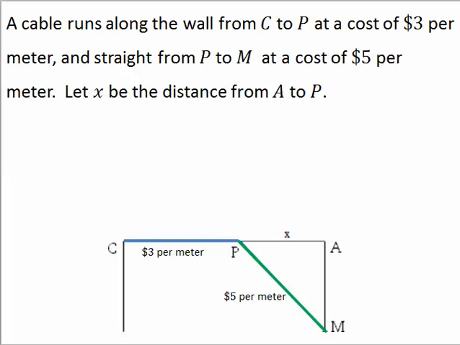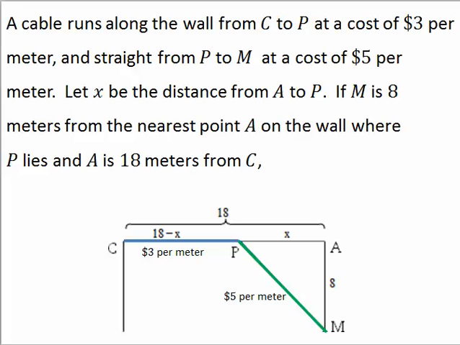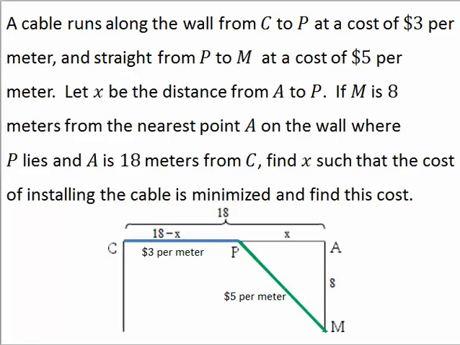Let X be the distance from A to P. If M is 8 meters from the nearest point A on the wall where P lies, and A is 18 meters from C, find X such that the cost of installing the cable is minimized, and find this cost.